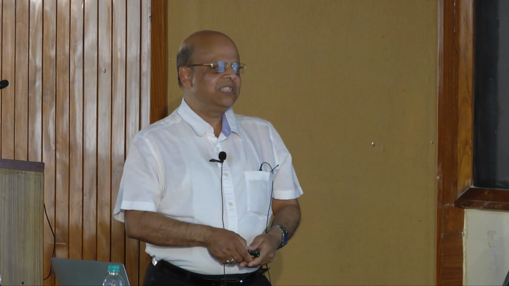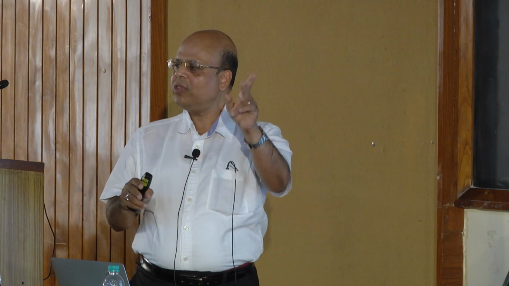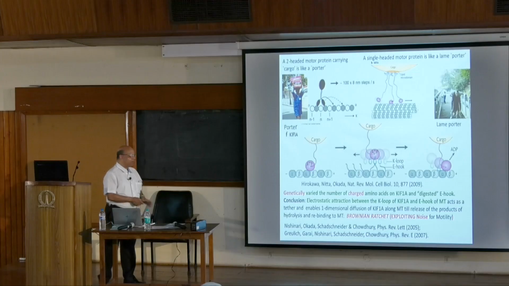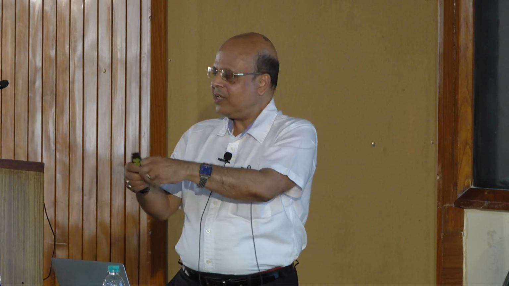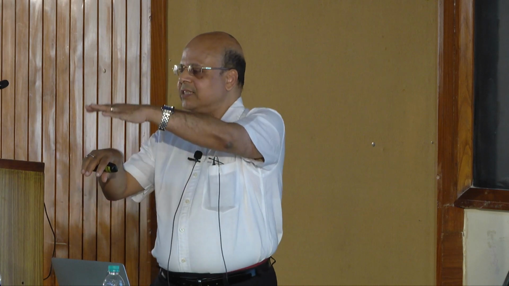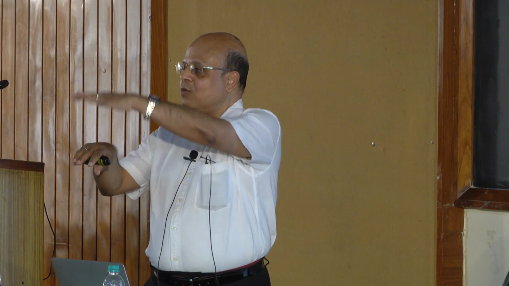So by changing the amount of charges on the motor and on the track, what was found is that the electrostatic attraction between the K-loop of the motor and the E-hook of the track acts as a tether and enables one-dimensional diffusion of the motor along the track. When it has taken fuel, namely ATP, and is hydrolyzing it, its affinity for the track goes down, so it detaches, but because of the electrostatic attraction, it cannot go very far.